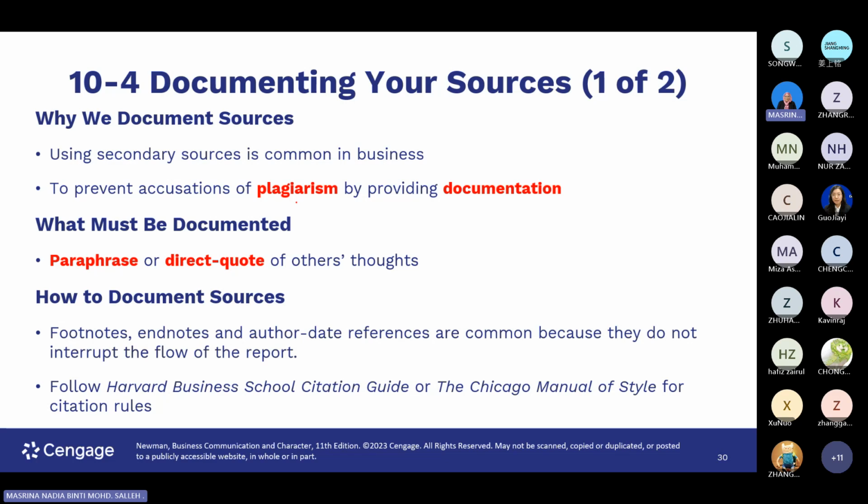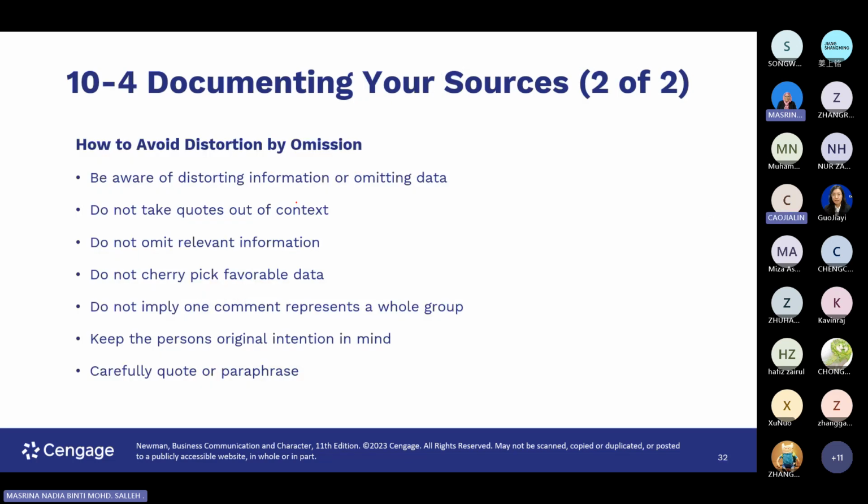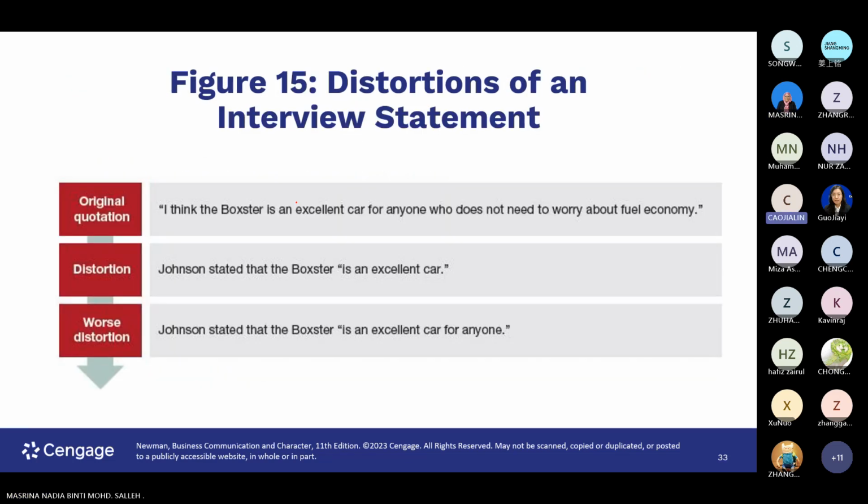This is to avoid plagiarism. So this is an example of original quotations, and this is how you write it. If you want to take the whole quotation without rephrasing it, you have to include this in the original quotations.